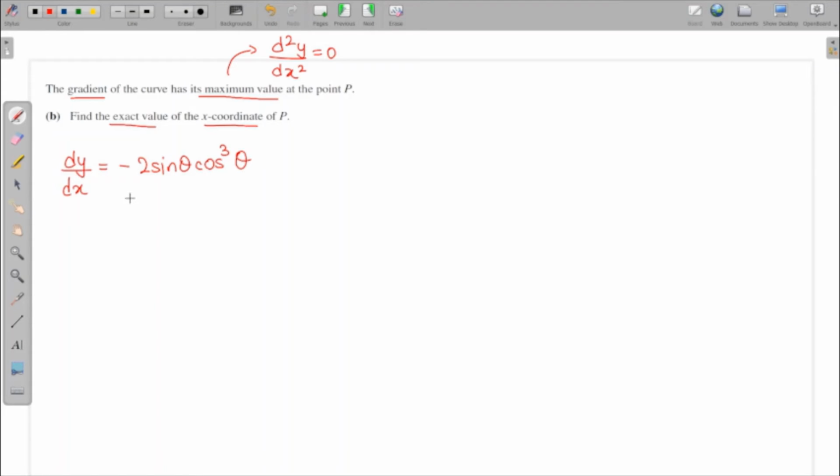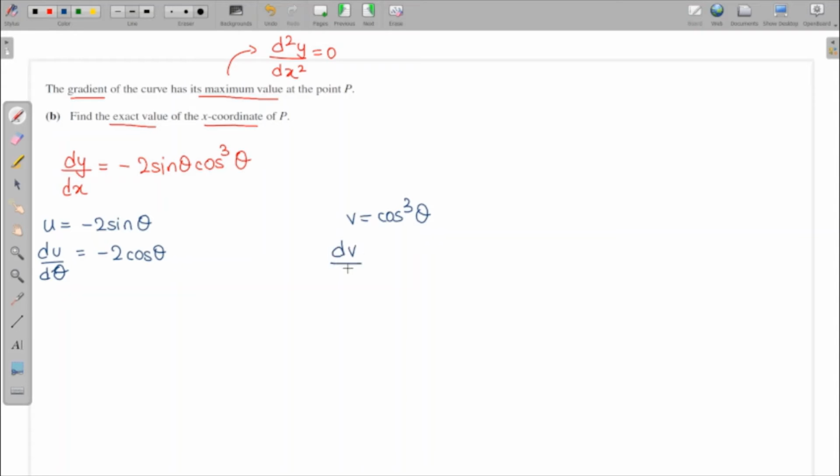So what we can do is we can use product rule again. So let's take u as minus 2 sin theta and v as cos cube theta. If we differentiate u with respect to theta, this will give us minus 2 cos theta, because if we differentiate sine we get cos.